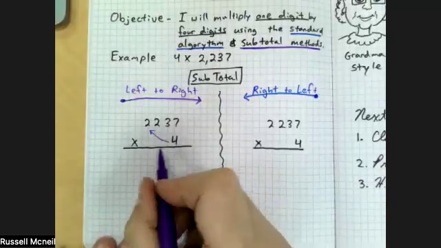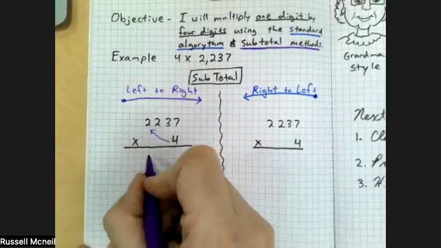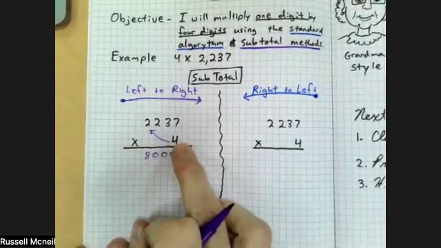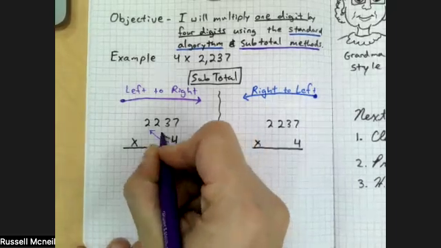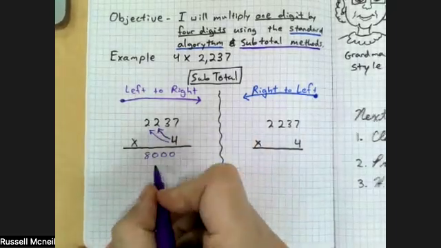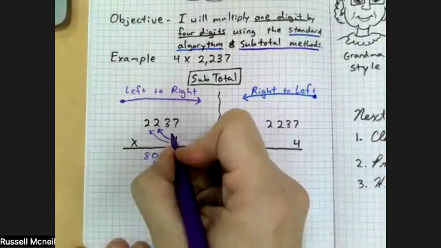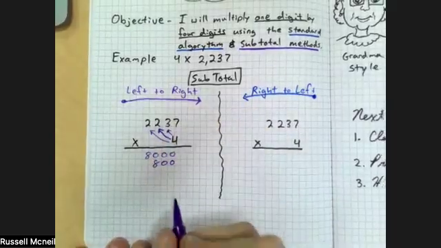Let's start off. 4 times 2 is 8,000. So we end up with 8,000 because we're multiplying 4 times 2,000. Next up, we're going 4 times 200. 4 times 200 gets us 800. From here, 4 times 3, it's really 4 times 30.